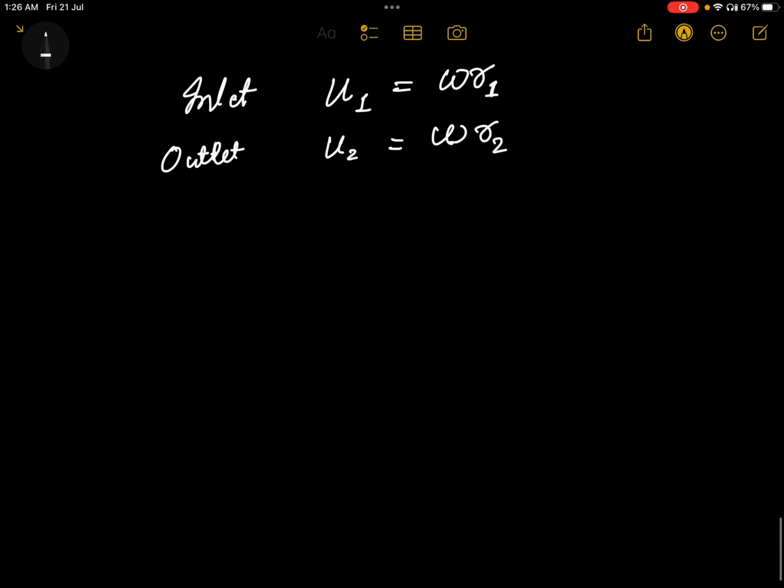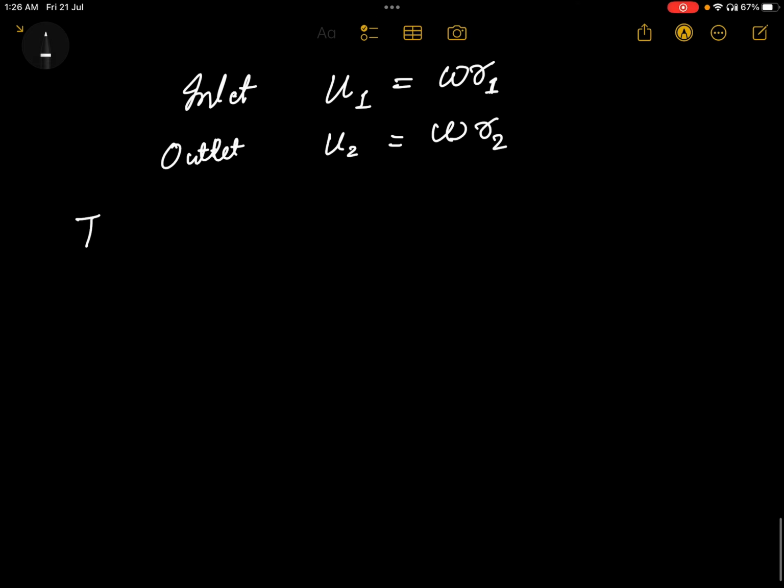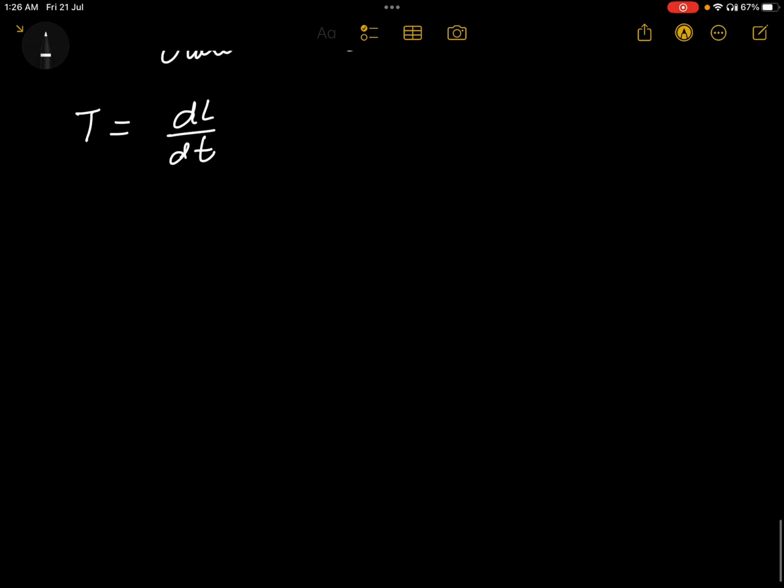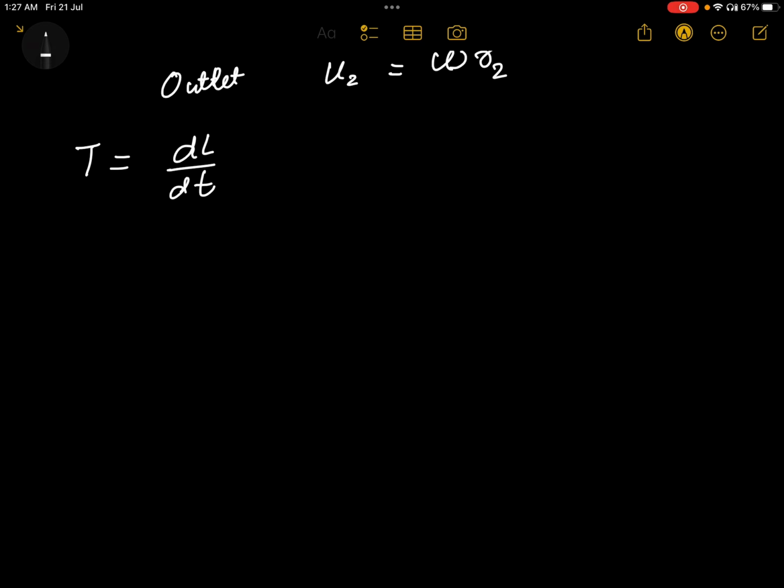And that is how you can find out the torque: you find the rate of change of angular momentum, that is dL by dt. Because here the fluid is flowing, so it is continuously changing, you don't need to differentiate it, you just find out whatever is the content of the angular momentum.